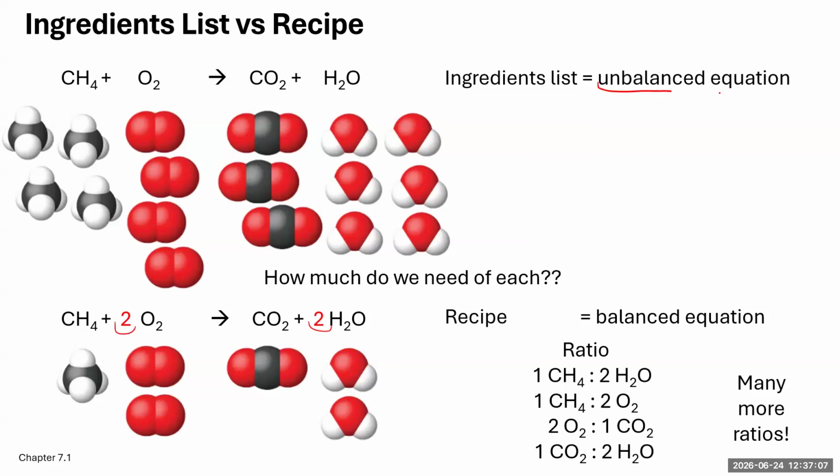But we could also have an unbalanced equation, which is just a list of ingredients. There's some amount of CH4, some amount of O2, some amount of CO2, some amount of H2. We don't know. We know there's at least one.